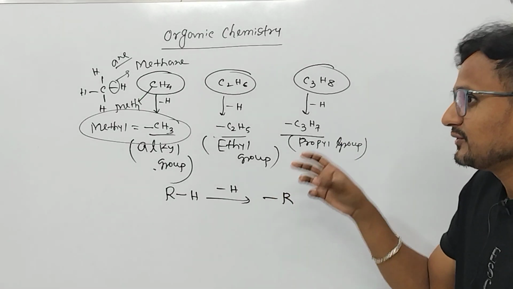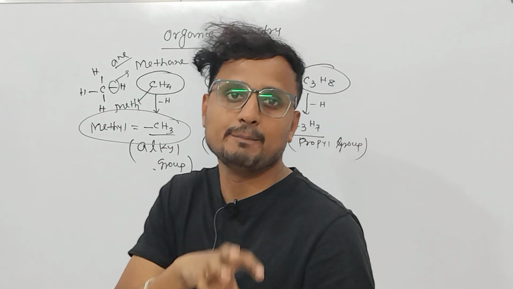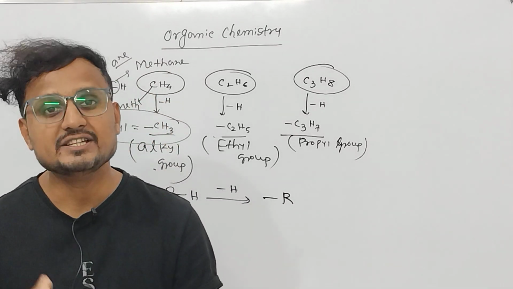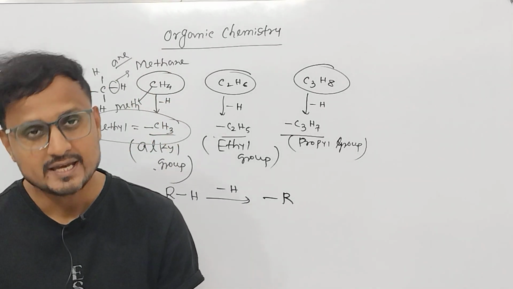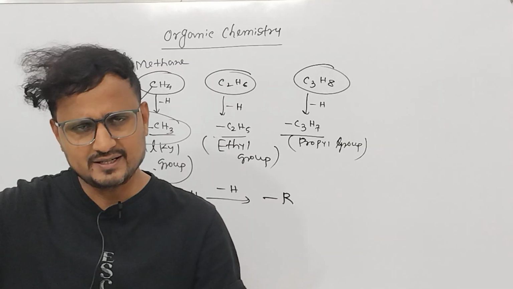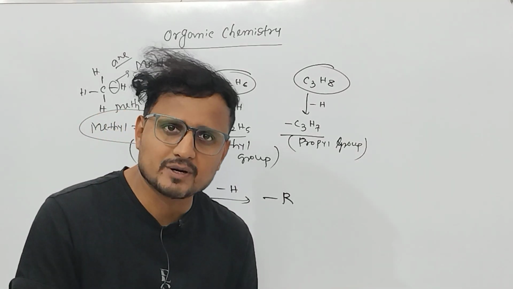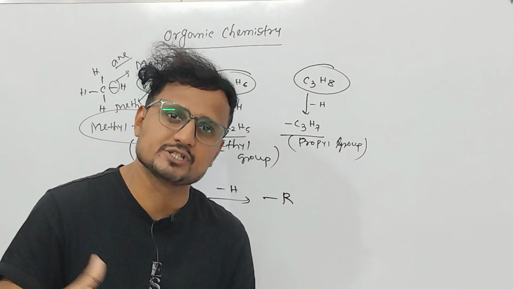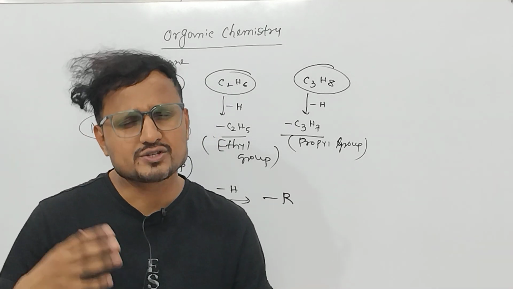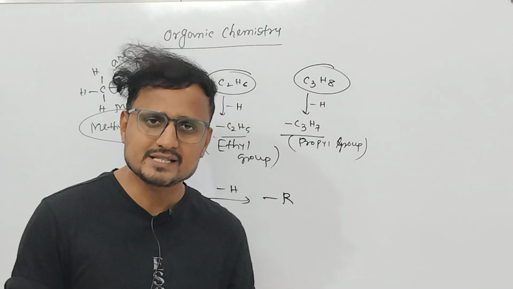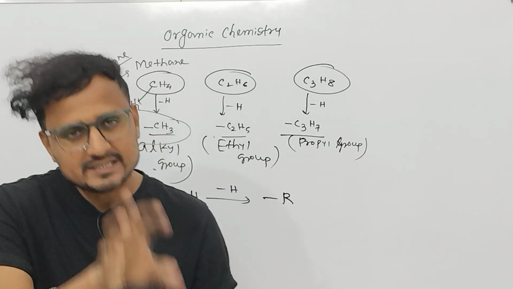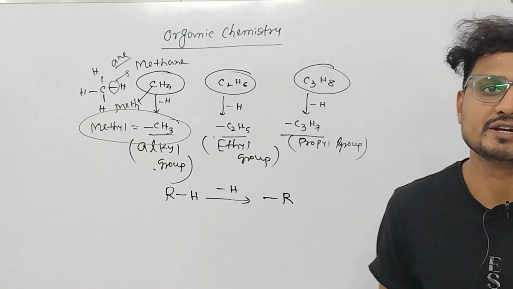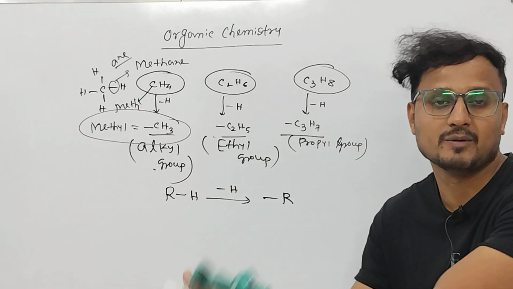If those groups are present in an organic compound, it totally changes the property and the nature of the organic compound. There are some specific groups having different numbers of atoms. It can be oxygen, hydrogen, it can be carbon, hydrogen, oxygen, it can be oxygen, oxygen, carbon, hydrogen, like that. If those groups are present, that internally changes the property and nature of the compound, and we get a new type of compound.